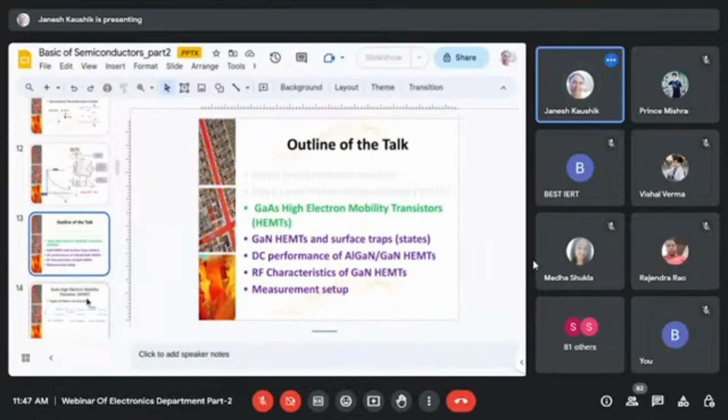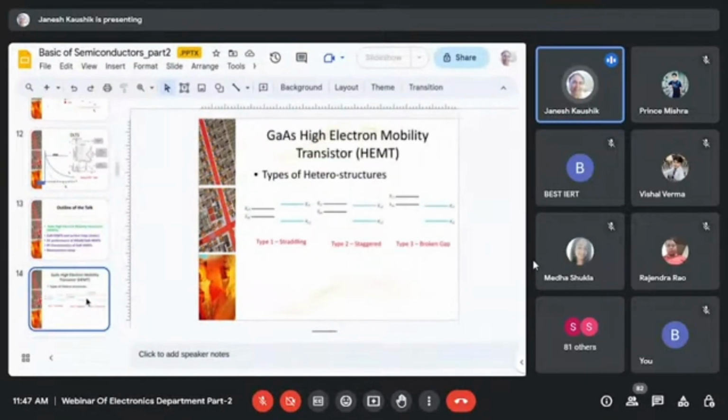If you see the Venn diagram of the gallium arsenide heterostructures, it is type 1, meaning aluminium gallium arsenide has a higher band gap compared to gallium arsenide. We alloy gallium arsenide with a certain aluminum percentage, normally 27%, and the band gap is increased in a similar proportion.